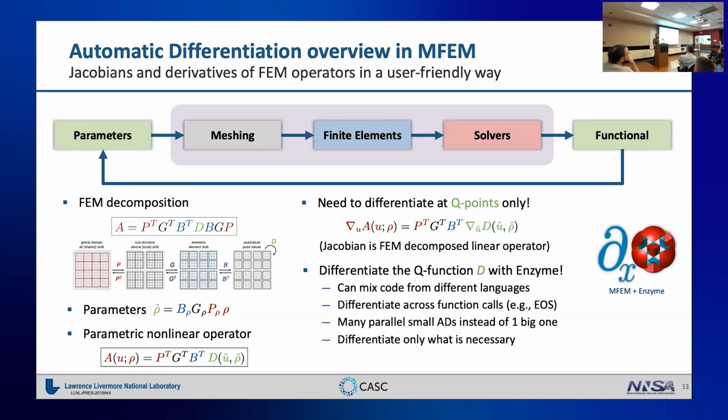So just imagine this wouldn't be a U, it would be a rho. Then it just trickles through up to the D operator. So there is no need to differentiate through the solver. Or do I not understand the question?